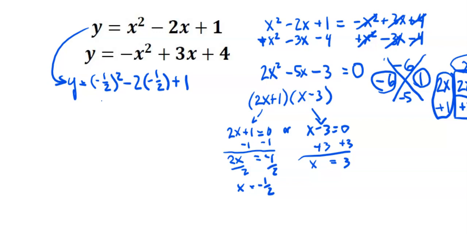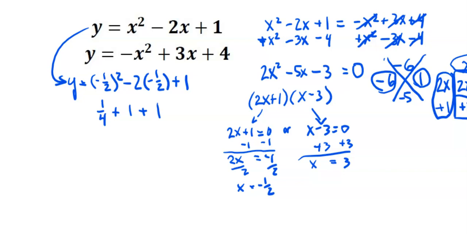Negative 1/2 squared is 1/4. A negative times a negative is positive. Over here, negative 2 times negative 1/2 would be plus 1. And adding 1 again would also be plus 1.